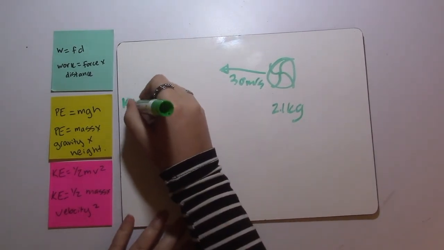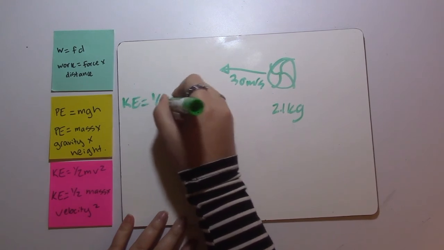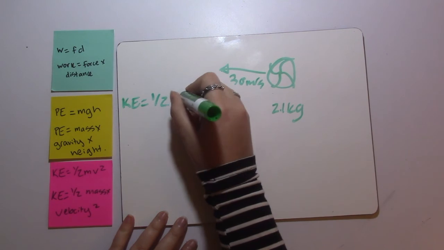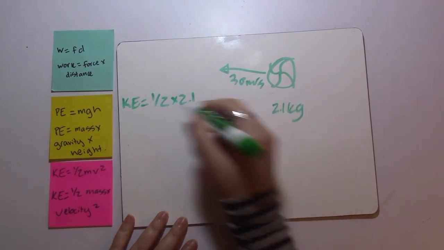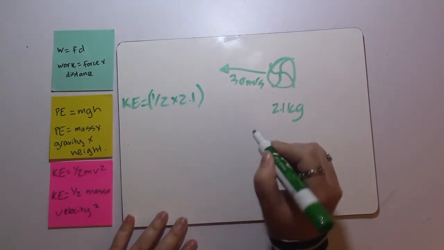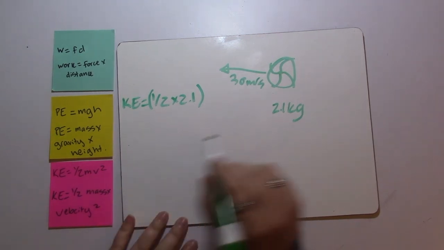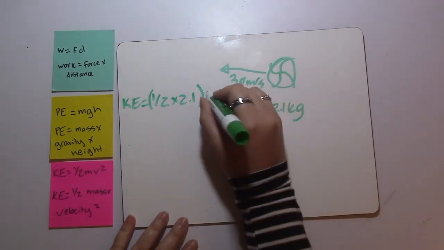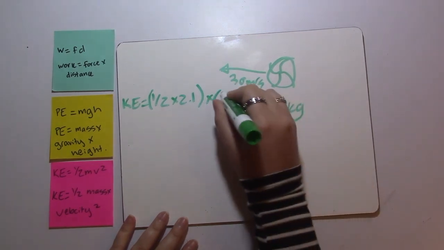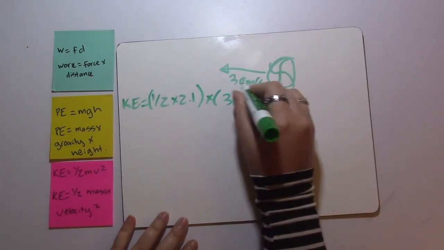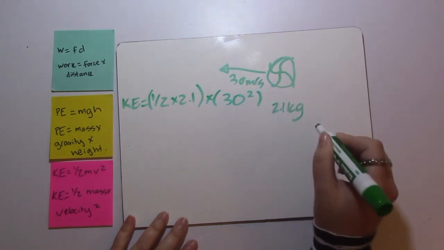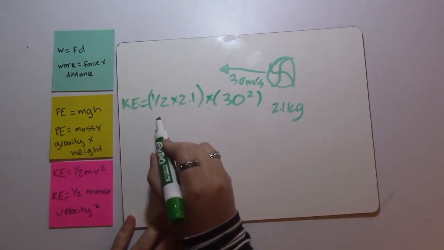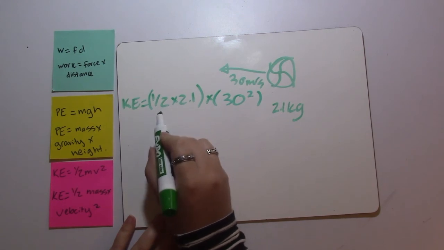So our equation is KE equals 1/2 mass, so 2.1. I'm going to put that in parentheses because those two numbers go together based on our equation. 1/2 times mass times velocity squared. So 30 is our velocity squared. Now another thing to keep in mind, if you're using a calculator, we can't actually type out 1/2.